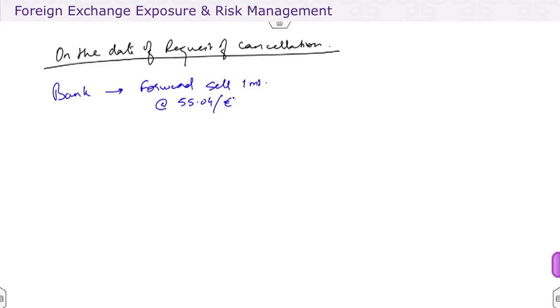Okay, and this is the contract which is basically to offload the original obligation of the bank. Okay, and on maturity what would happen? That means on maturity, again the same process.